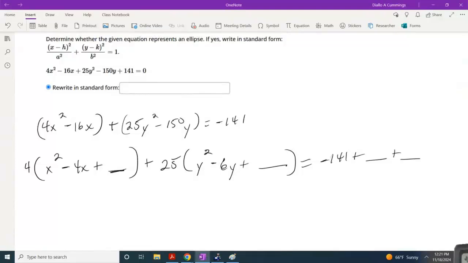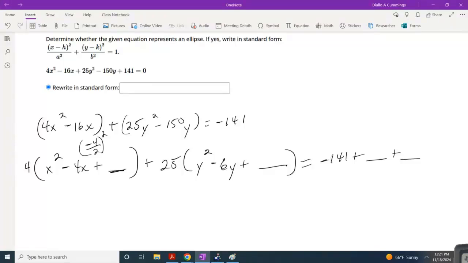All right, so we regrouped like variables, isolated a constant. We factored out to get the right form. So now I'm going to complete the square for my x variable. To complete the square, we take half of the coefficient of our middle term. So the coefficient of my middle term is negative 4. I'm going to divide that by 2, and I'm going to square it.